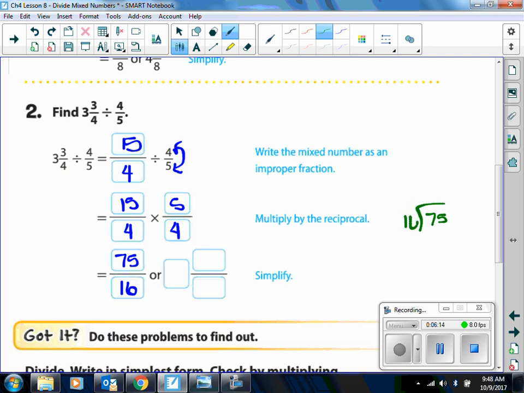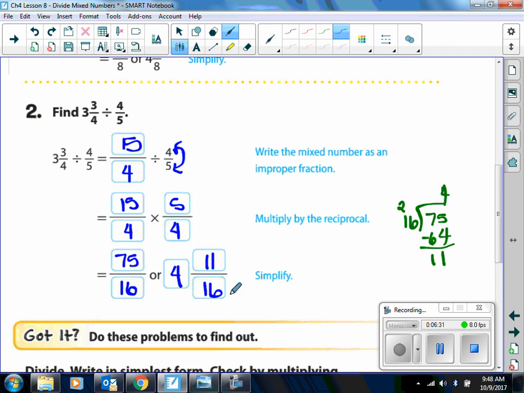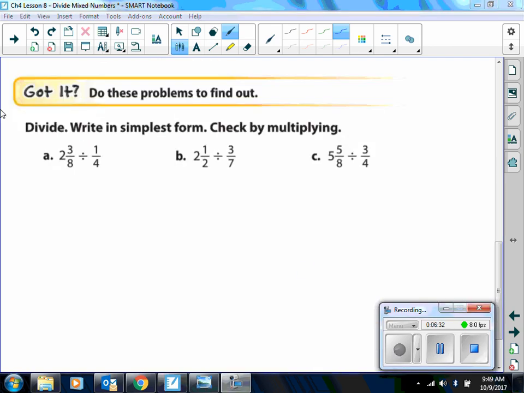How many times does that go in there? So 75 divided by 16. 16 goes into 75 4 times, with how many left over? 11, and then the denominator stays the same.